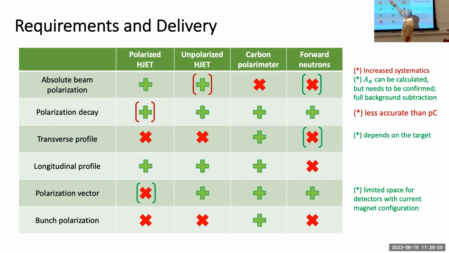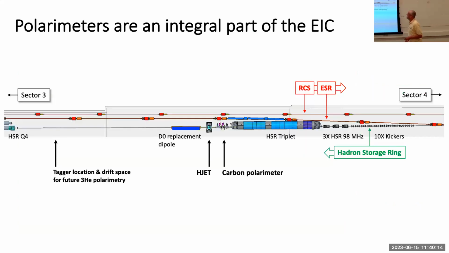You can think about using an unpolarized hydrogen jet target, which would allow you to increase the intensity so you could address some of the other issues that would only be available with current polarimeters. And then those forward neutrons in some cases would be very nice to have because they're more resilient, as I said, to some background and physics problems.